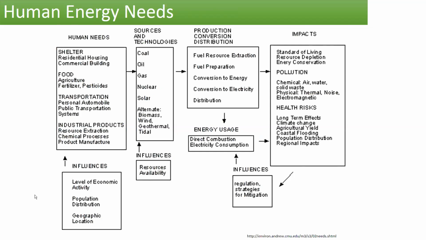Okay? So what kind of sources and technology do we use to meet those human needs? Well, it's the ones that I explained before, all the non-renewable and renewable energy, for example from biomass, wind, geothermal, and so on. This technology is more appealing for people in some areas of the world and not as appealing for people in other areas.